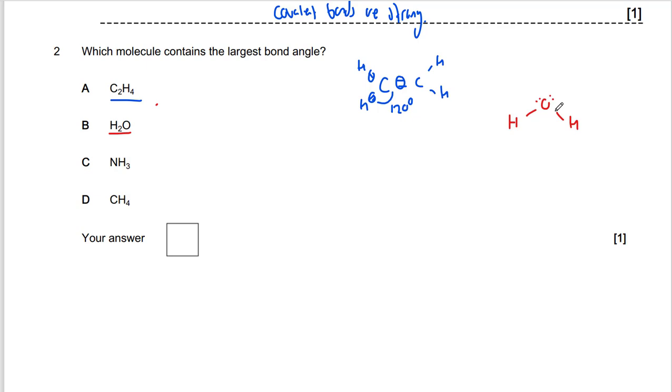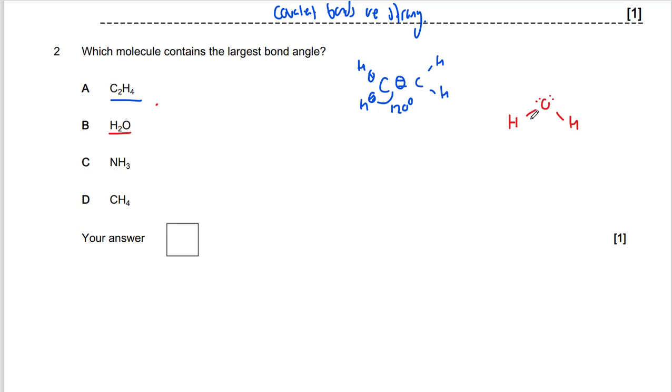So it's actually like you've got 4 bonding regions. Now, if you've got 4 bonding regions, normally it will be tetrahedral at 109.5. But lone pairs are localized. They stay in the same place. They don't move around the bond. So they are stronger at repelling. The upshot of this is that they reduce the bond angle by 2.5 degrees for every lone pair.